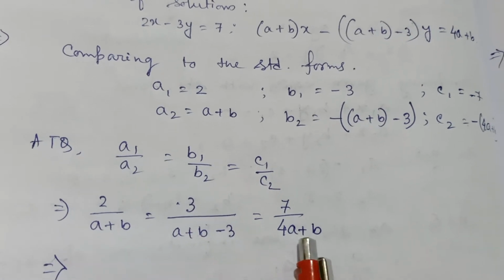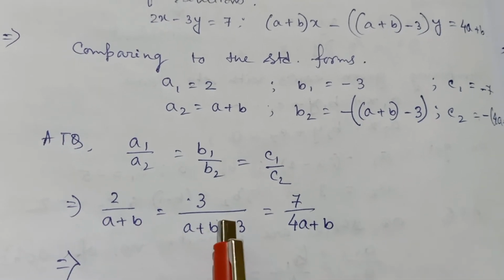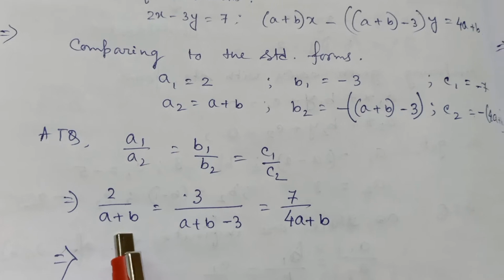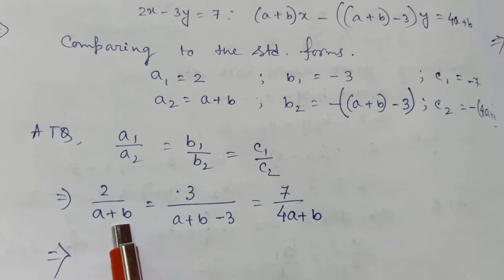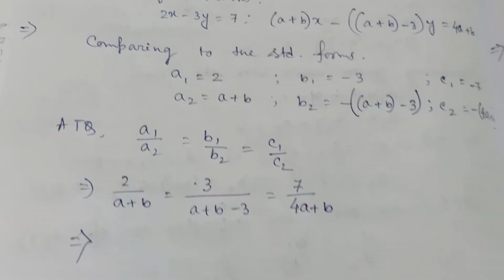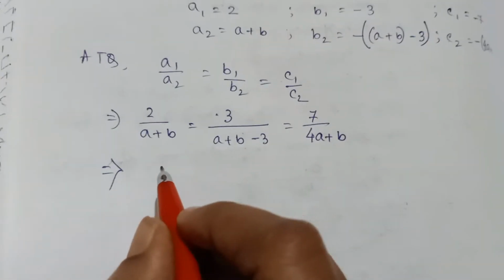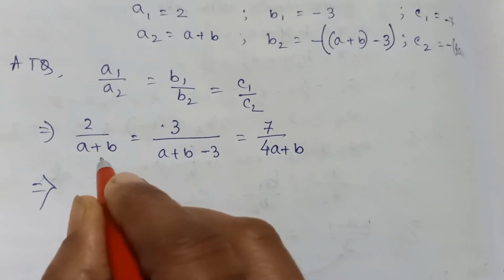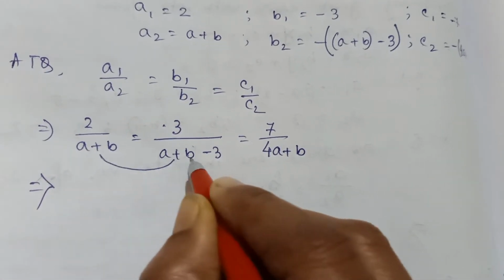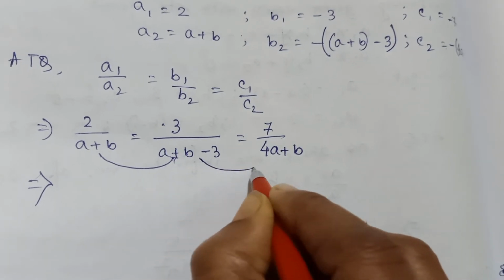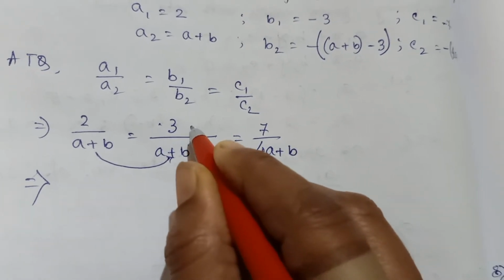But here it is not. In all three expressions we can see a is there, b is there. So what to do? For these types of questions we need to perform three cases: 1 2, 2 3 and 1 3.